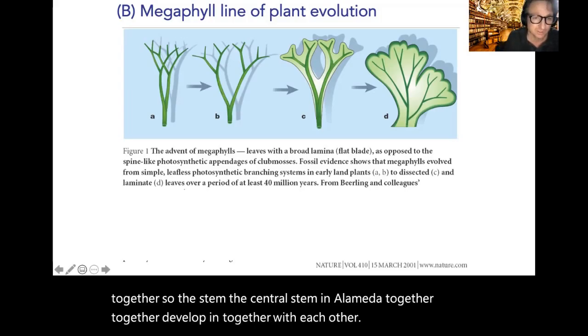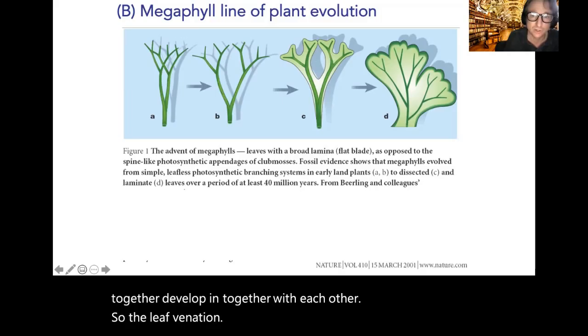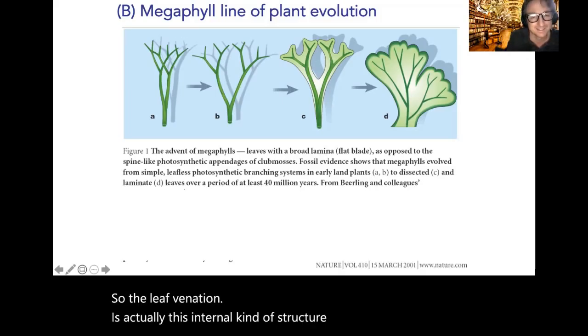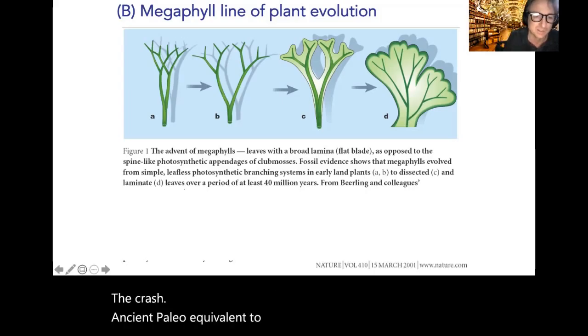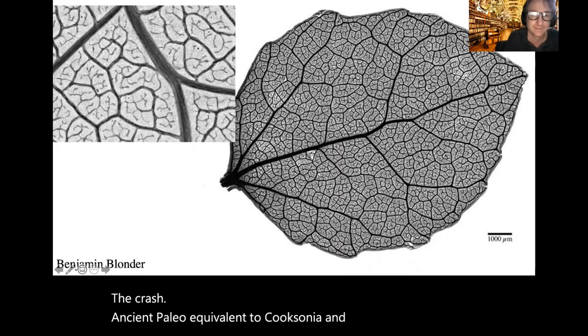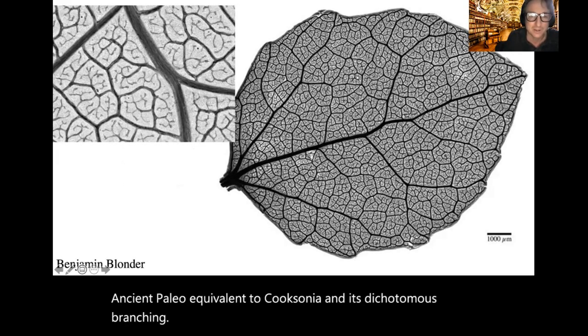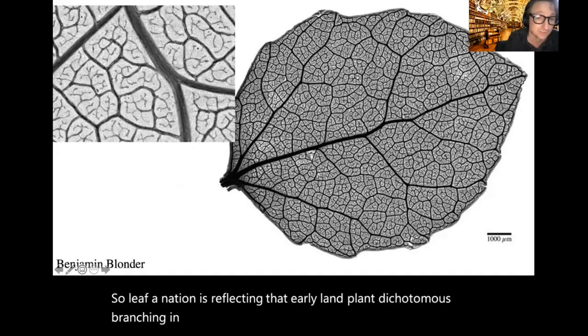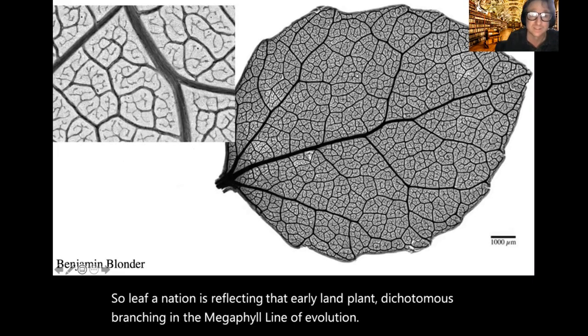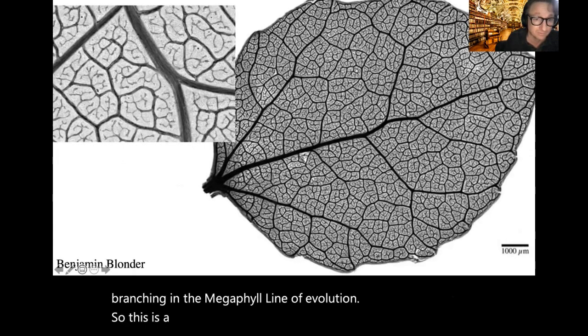So the leaf venation is actually this internal structure. You're looking at the ancient paleo equivalent to Cooksonia and its dichotomous branching. So leaf venation is reflecting that early land plant dichotomous branching in the megaphyll line of evolution. So this is a true leaf, a megaphyll.